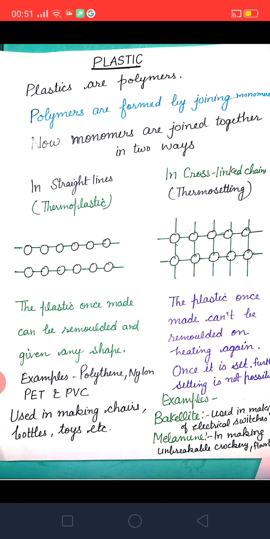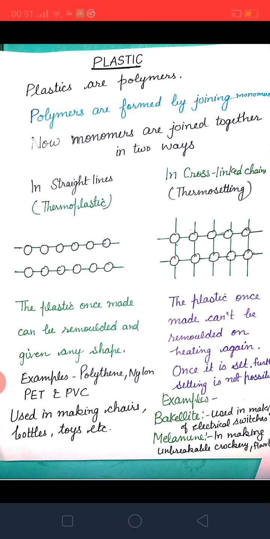On the basis of how monomers are linked together, plastic can be classified into two types. First is thermoplastic, second is thermosetting. In the thermoplastic, the monomers are linked in a straight chain, whereas in thermosetting, the monomers are linked in cross chains.